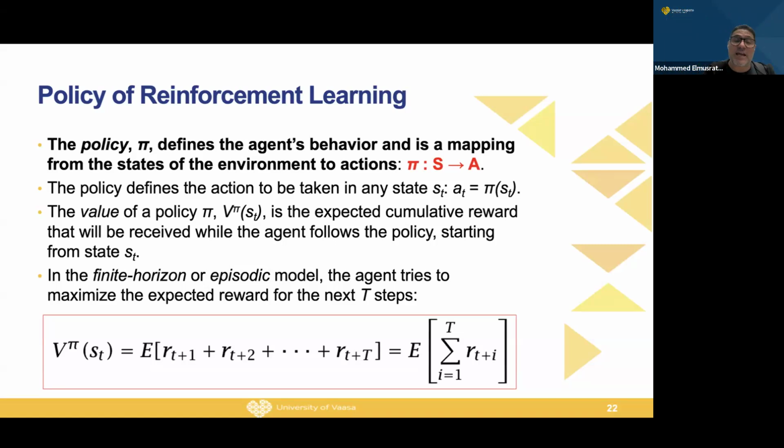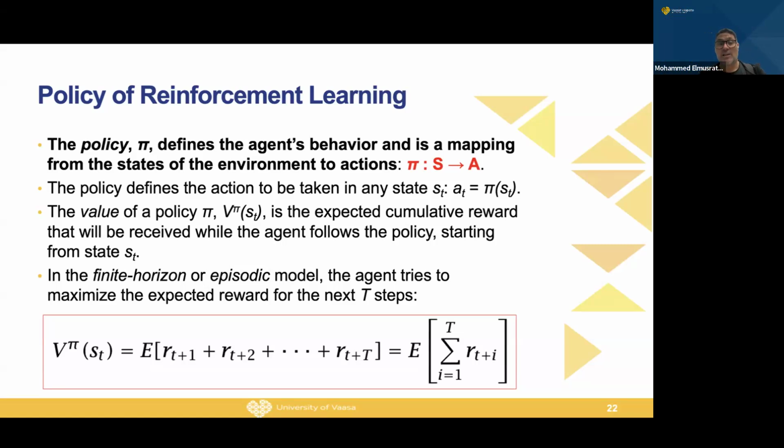Okay, so in this case, we can give it in this way. What is the RT plus 1? RT plus 1 is the reward that you will get by moving to the next state by taking the action AT. Because you are at state T, you take the action.